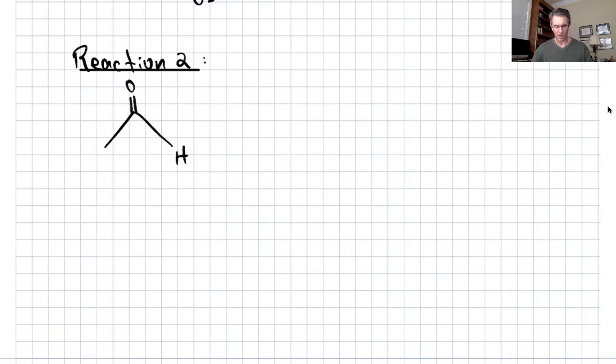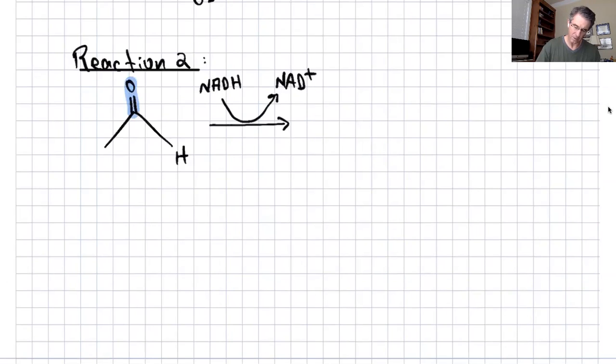You can look at that and think, well, that's not too far away from where I need to go, because all I need to do now is dump that NADH into that structure, right? Reduce that carbonyl to an alcohol group, and at this point, I will have generated ethanol.